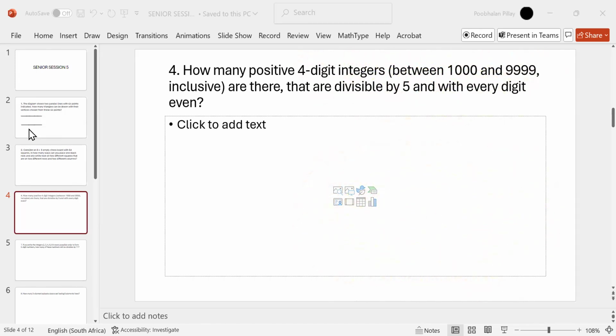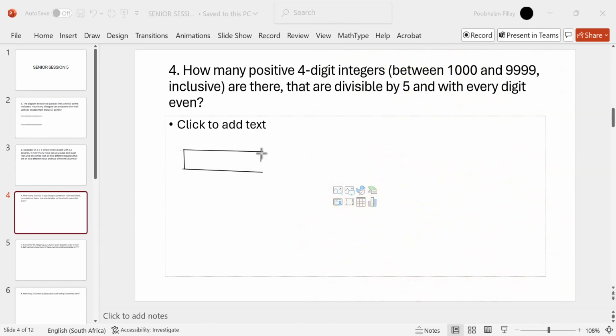So what we have to do is to create a 4-digit integer. This is how I normally do it.